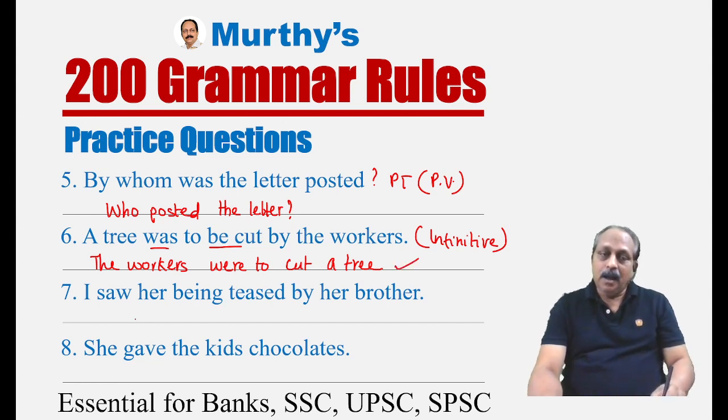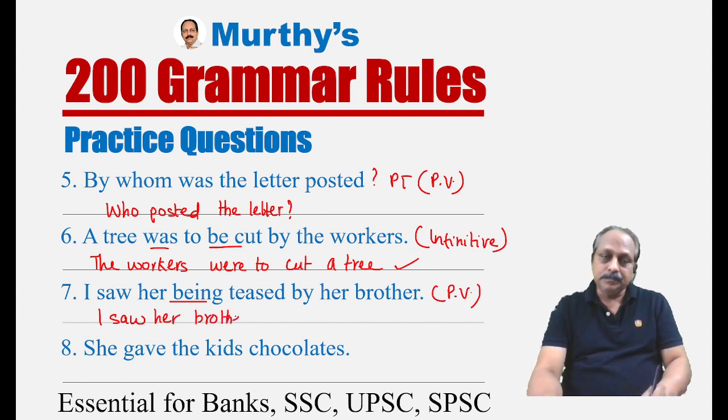Correct. I saw her being teased by her brother. Being, that means what? Present participle. Is it active voice or passive voice? I saw her being teased by her brother. Passive voice. I saw her brother teasing her.